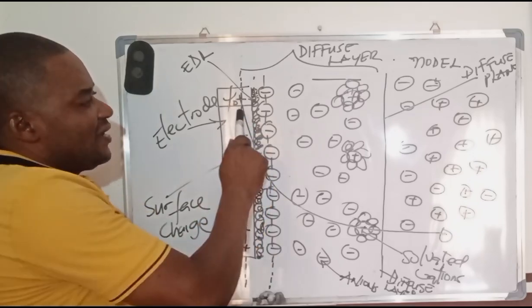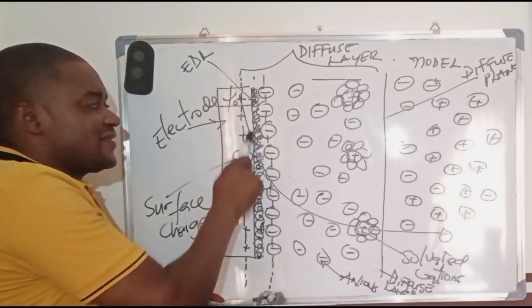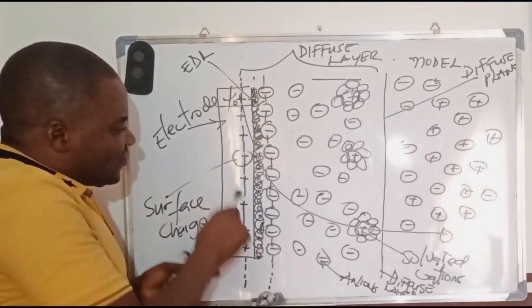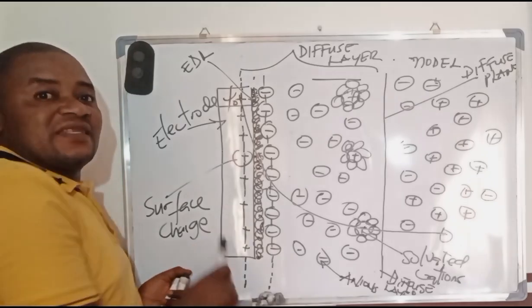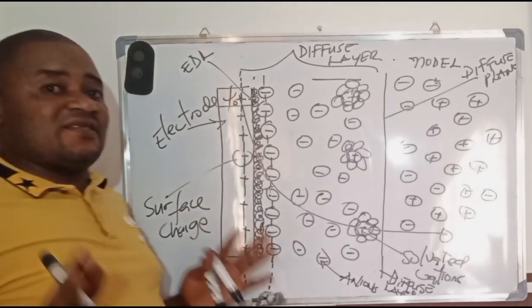So if you have higher excess charges, then there is a possibility that these point charges will diffuse into the electrolyte. That is what Gouy-Chapman is saying.